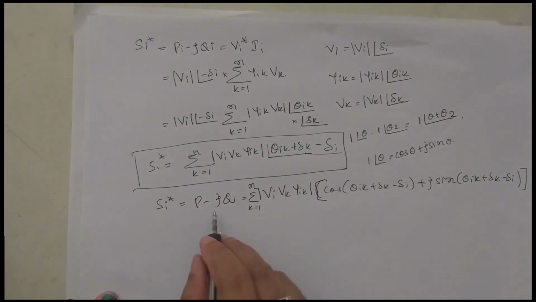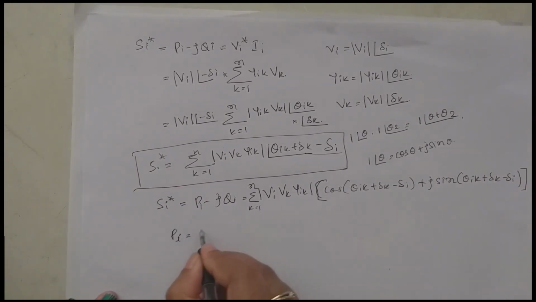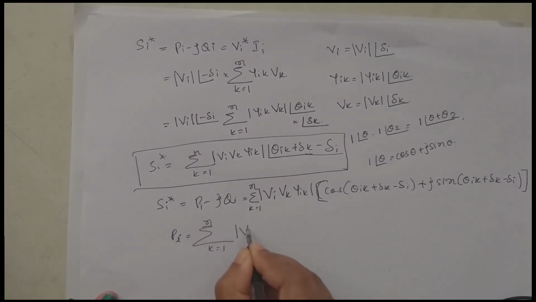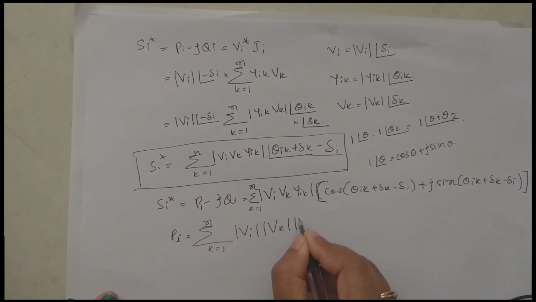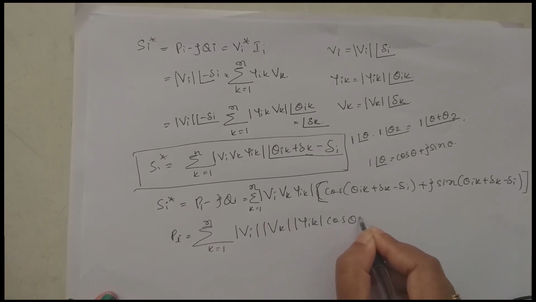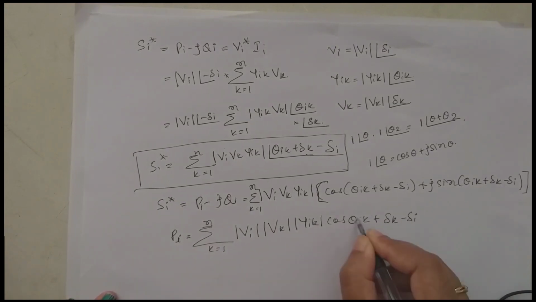So when we separate it, Pi is equal to summation where k varies from 1 to n, Vi Vk Yik magnitude cos of theta ik plus delta k minus delta i.